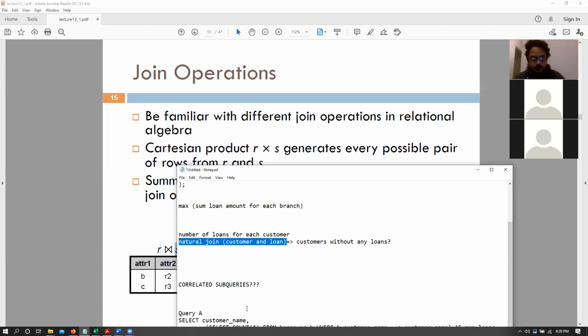Let's rewrite this while you guys think about it. So let's say customer left out join. Would we get any, no, not left out join, my bad. Natural join loan. In this particular case, if we perform this join operation, would we know about customers that do not have any loans? Yes or no?